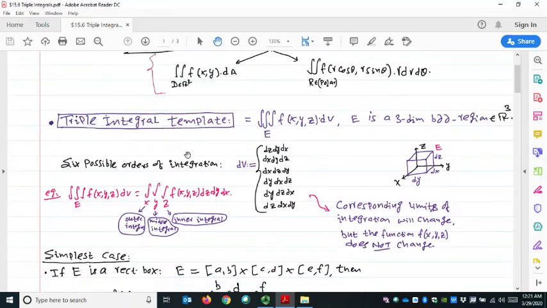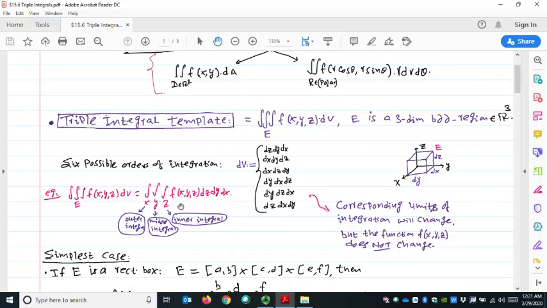So for example, if I pick dV equals dz dy dx, then my triple integral of f of x, y, z over E with respect to dV can be rewritten as the x integral, y integral, z integral of f of x, y, z, with dV equals dz dy dx, and this dz is for the z integral, this dy is for the y integral, and dx is for the x integral.